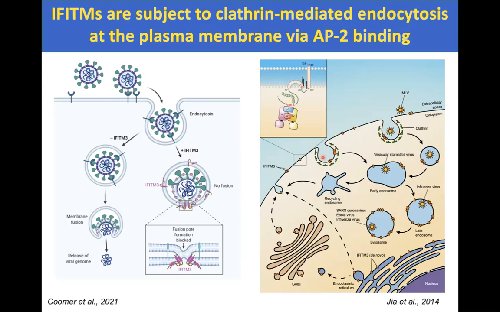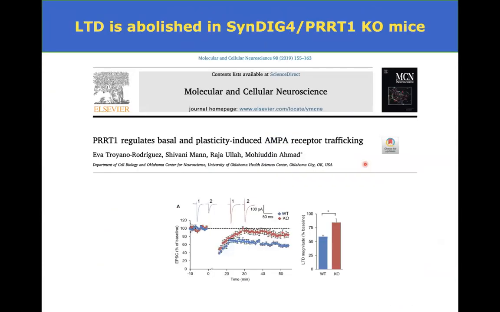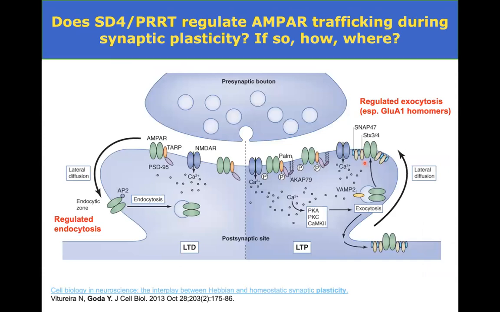Under certain conditions, it will either promote or inhibit membrane fusion to allow the delivery of the AMPA receptors. I think I have a slide. I have more data, but let me just show. So perhaps here the SynDIGs are acting through mechanisms to promote membrane fusion during plasticity.